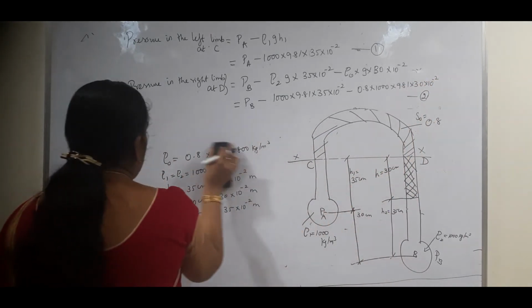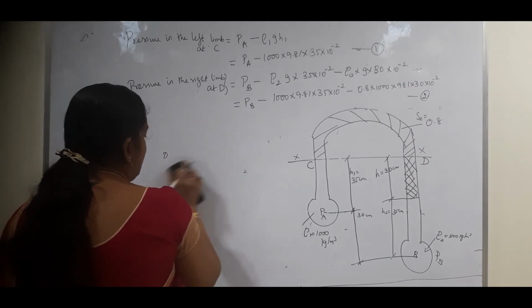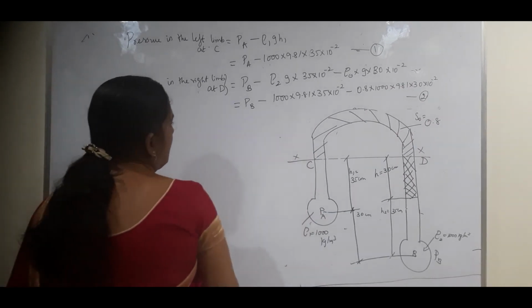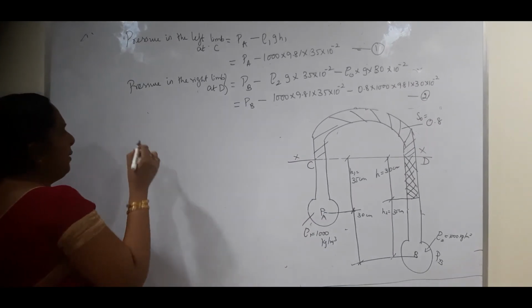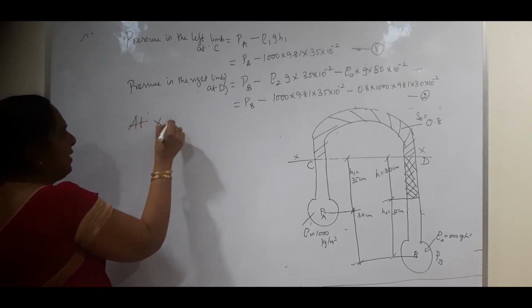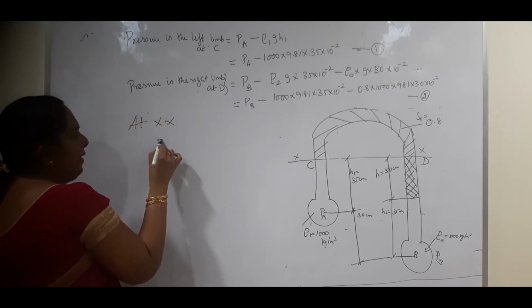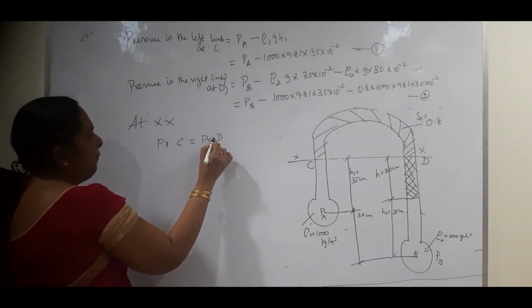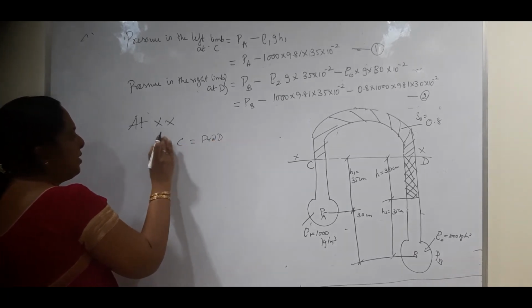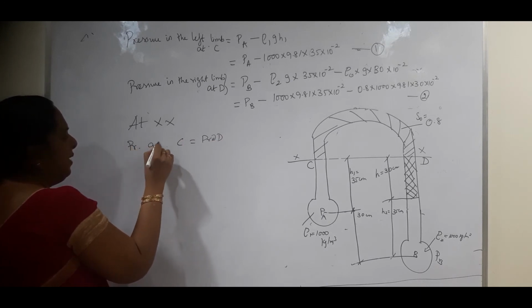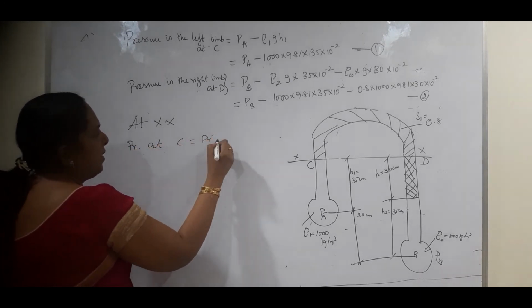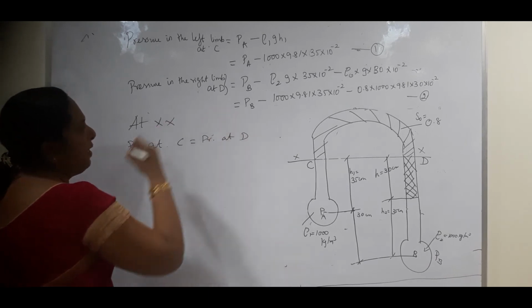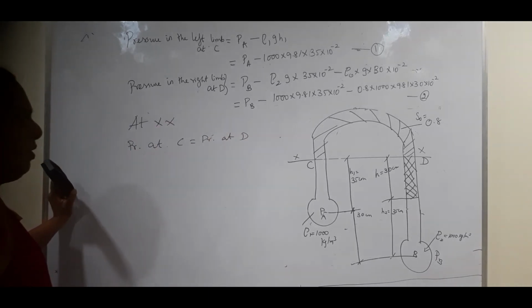Now what we have to do is, at C and D, at equilibrium, whatever may be the case, the pressure at C will be equal to the pressure at D. Just to highlight, pressure at C is equal to pressure at D. So equate these two equations, equation 1 and 2.